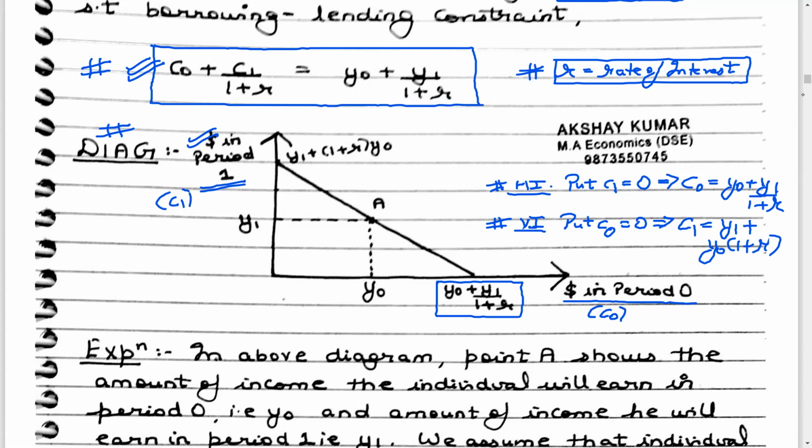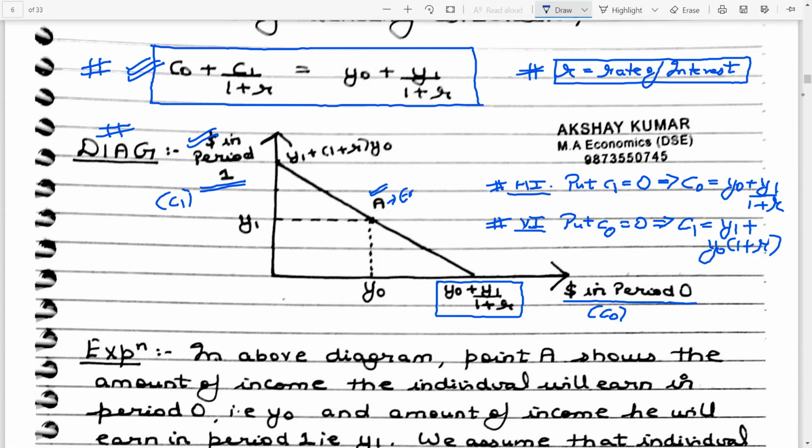Now we have found the horizontal and the vertical intercept. The horizontal intercept gives us the maximum consumption the individual can enjoy in period 0. The vertical intercept gives us the maximum consumption the individual can enjoy in period 1. You can look at point A. Point A is our endowment.